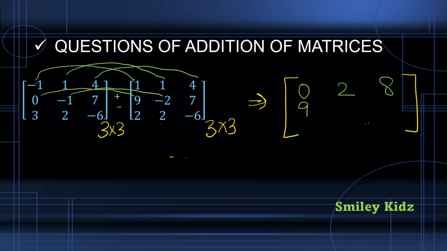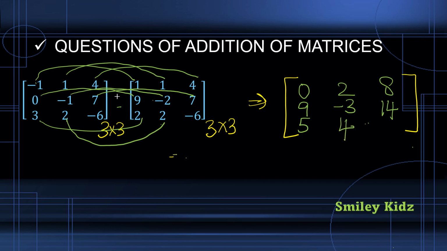Minus 1 plus minus 2, which is minus 3. 7 plus 7, which is 14. 3 plus 2, which is 5. 2 plus 2, which is 4. Minus 6 plus minus 6, which is minus 12. So this is how you're going to add matrices of the order 3 cross 3.